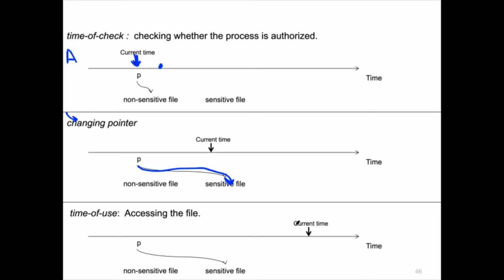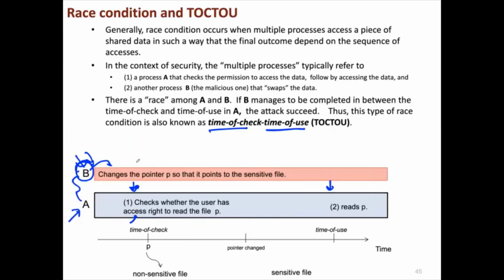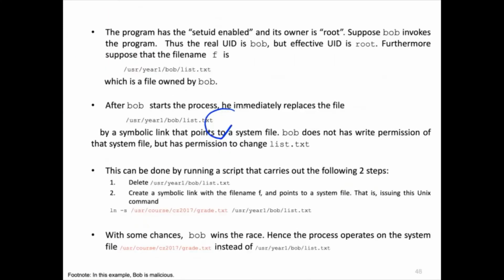The user doesn't have the right to access a sensitive file, but because B switched it at this point in time, A accesses it. So this is called time of check and time of use. At the time of check, we are authorized, but at the point we need to use it, the user doesn't have the access right.